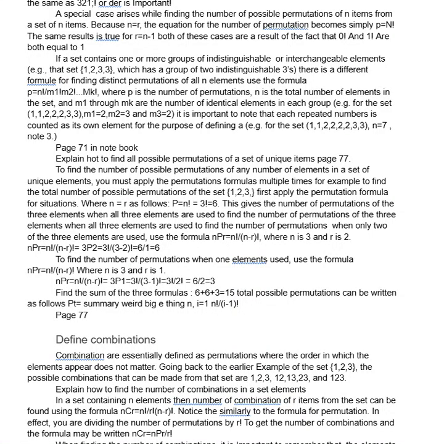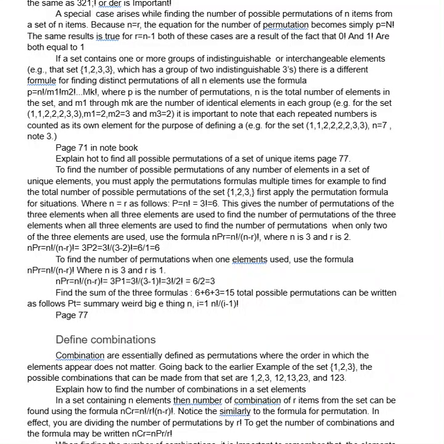Explain how to find all possible permutations of a set of unique items. Page 77. To find the number of possible permutations of any number of elements in a set of unique elements, you must apply the permutation formulas multiple times.